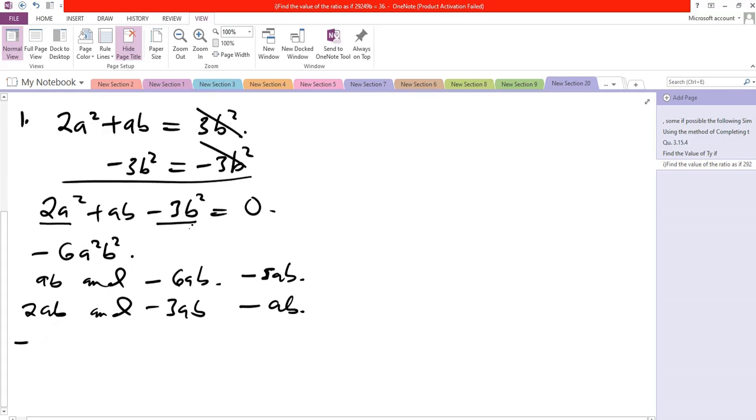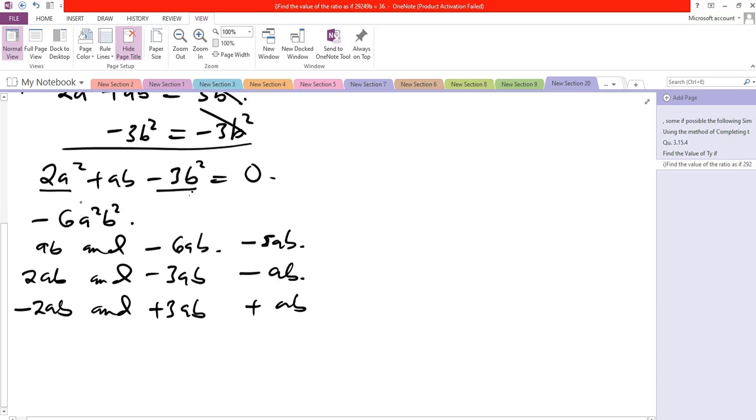If you have minus 2ab and plus 3ab, if you sum them up, this will give us plus ab. And the middle term is plus ab. So we are going to replace the middle term with these two terms.